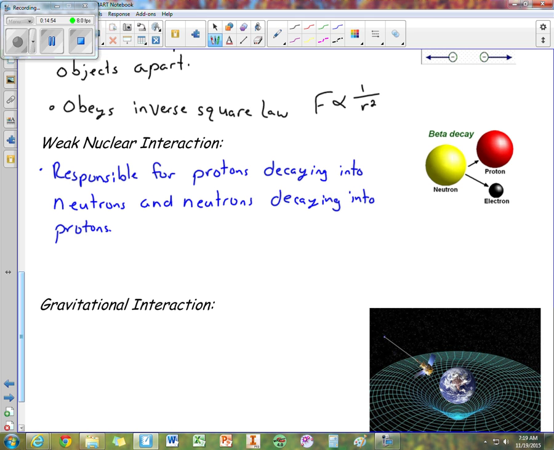So we have beta decay, in which a neutron decays into a proton and an electron is emitted.